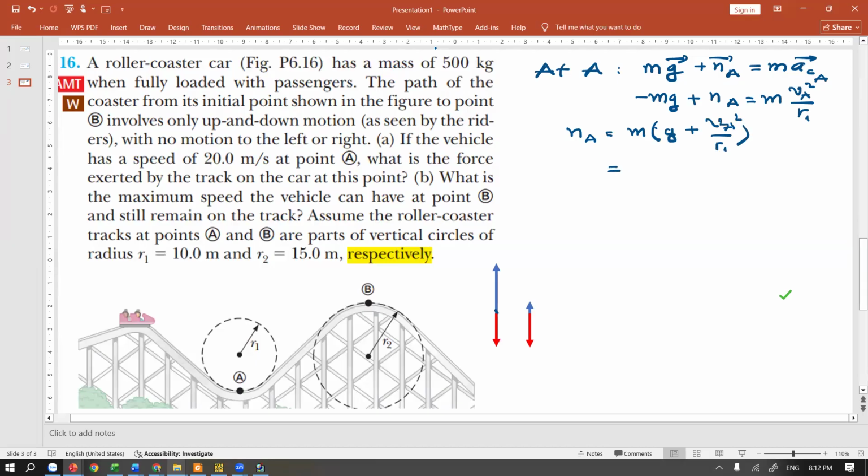Substitute the value of that. What do you get? The mass of the car with passenger will be 500 kilogram multiplied with g plus v_A, 20, squared over the radius at A, which is 10 meter.